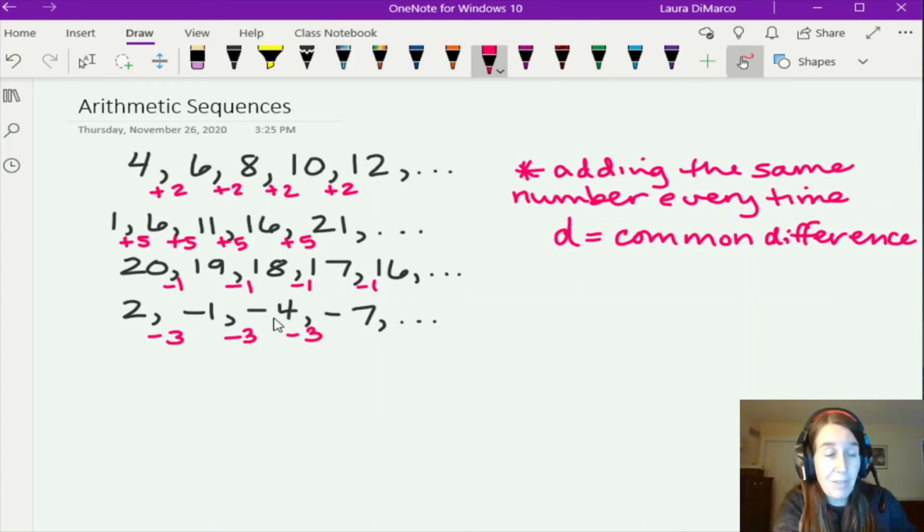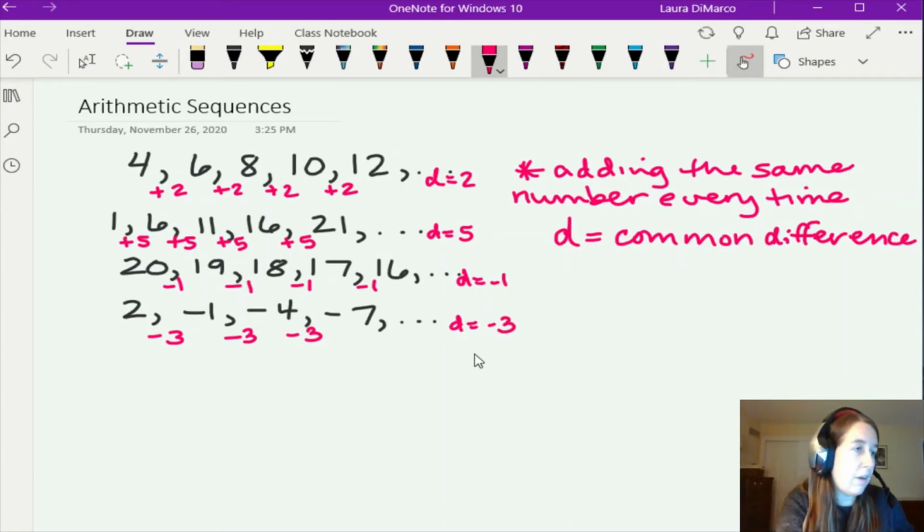And -7 minus -4 is -7 plus 4. So that's -3 is the common difference. So if we want to write out the common difference for each of these, this would be d equals 2, d equals 5, d equals -1, and d equals -3.